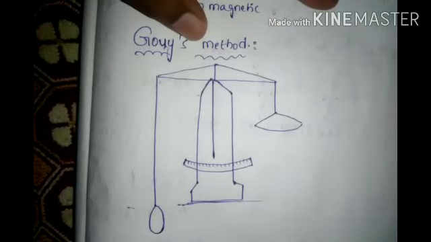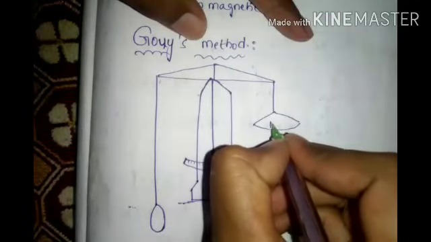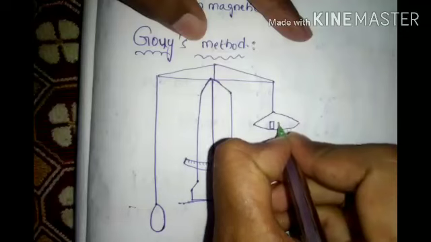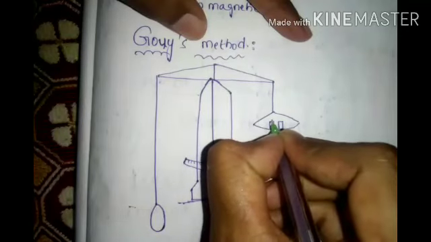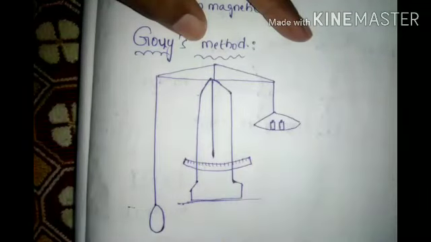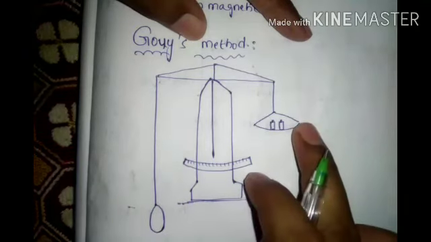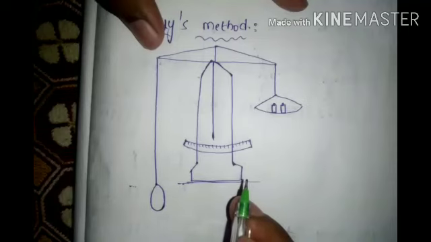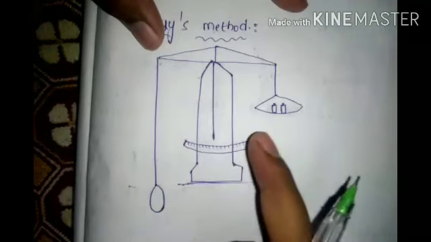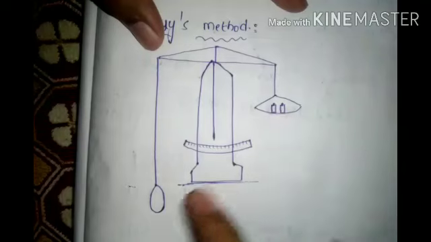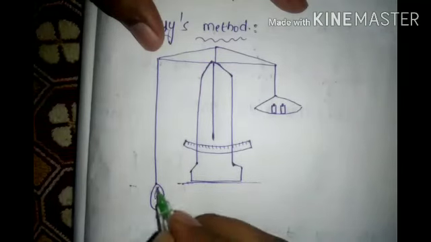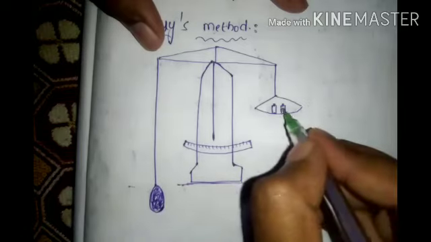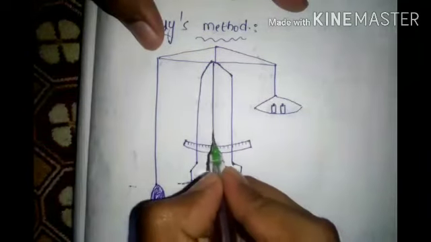Whatever transition metal you are taking, you have to keep it here. For example, simply a weighing machine: we are not taking anything here, so it is showing 0.